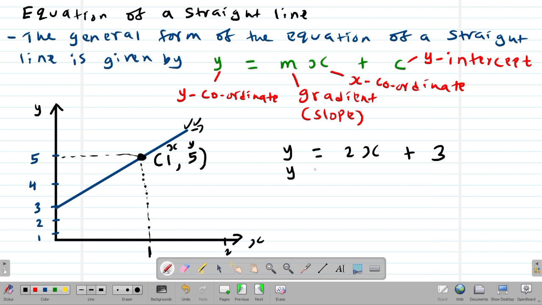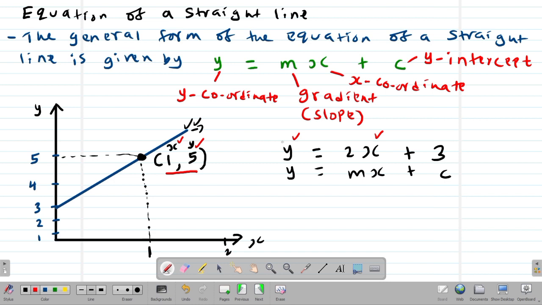If we compare with y = mx + c, we can clearly see that at the point 1, 5, the x will be represented by 1, and the y will be represented by 5. If you substitute these coordinates in the equation, then the equation should balance.